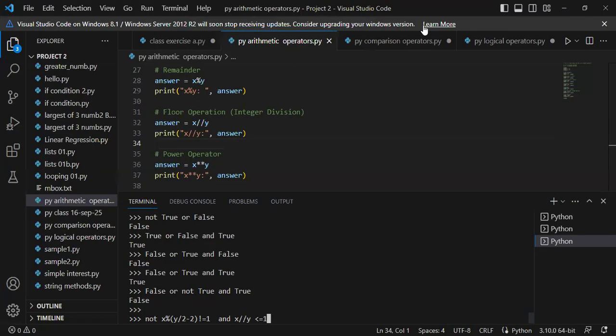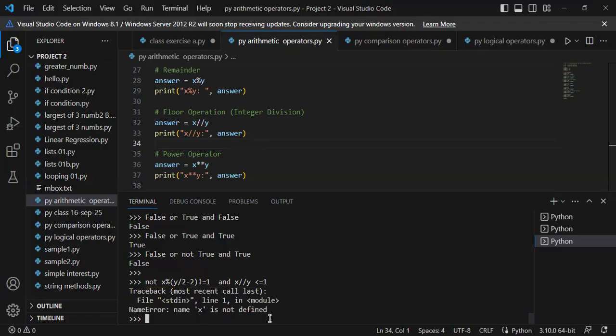All right, so if you look at this, this is already false. X integer division Y. I think X was 20, right? 20 divided by 10 is 2. Is 2 less than or equal to 1? 2 is not less than or equal to 1.